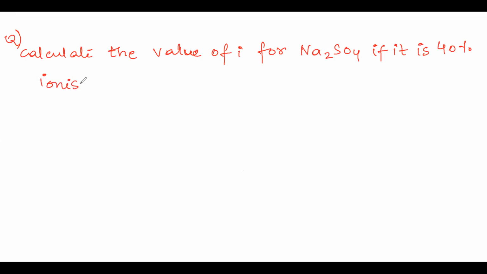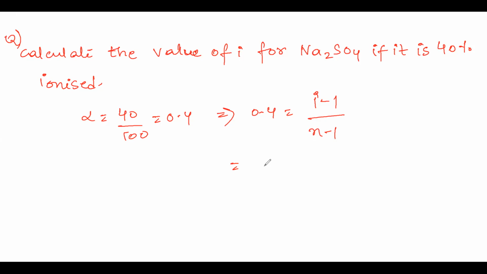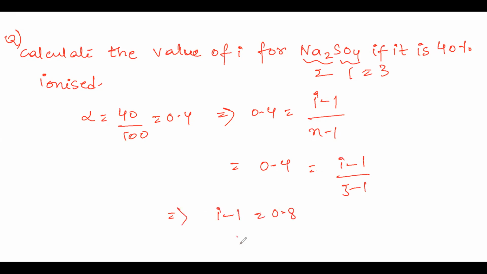Again using the same formula, alpha is equal to 40 by 100, which is equal to 0.4. So 0.4 is equal to (i minus 1) by (n minus 1). The n value for sodium sulfate, you already know, is 3. So 0.4 is equal to (i minus 1) by (3 minus 1). So i minus 1 is equal to 0.8, so i is equal to 1 plus 0.8, that is 1.8. I hope it is clear now.